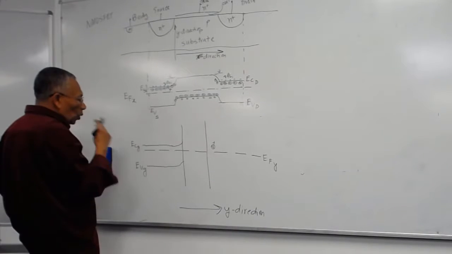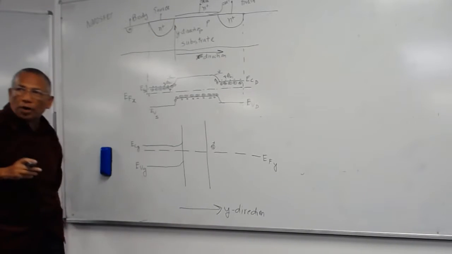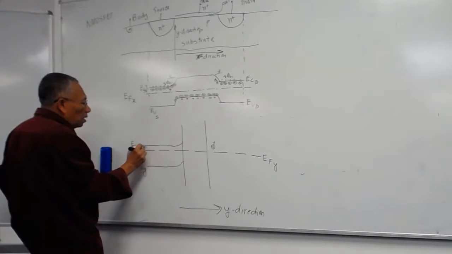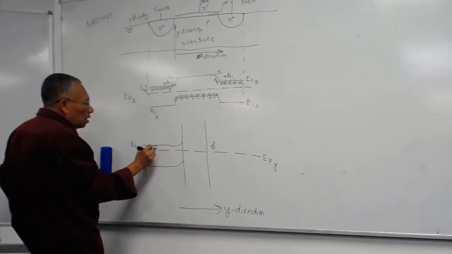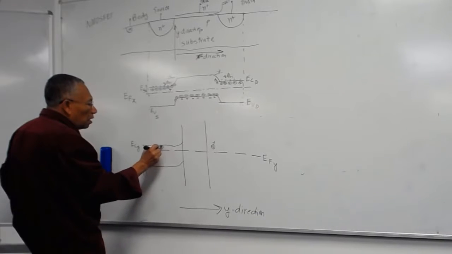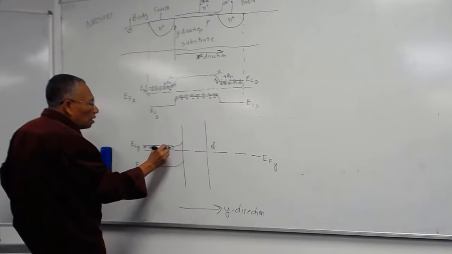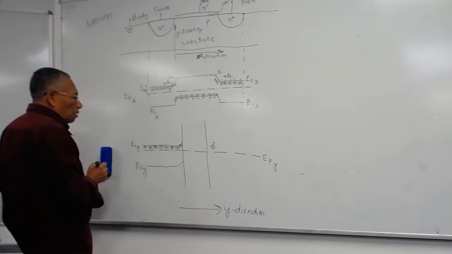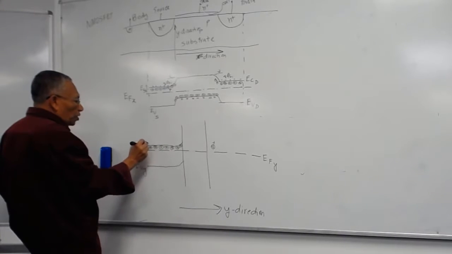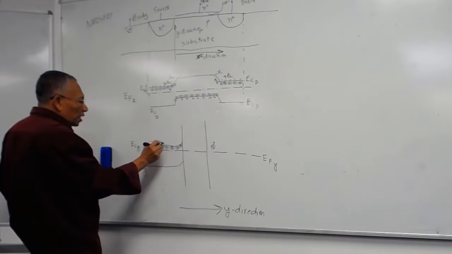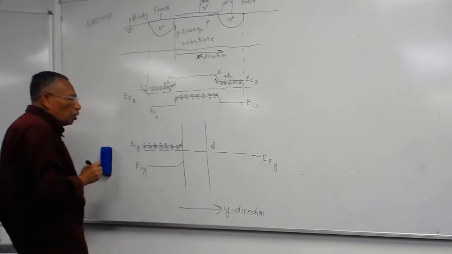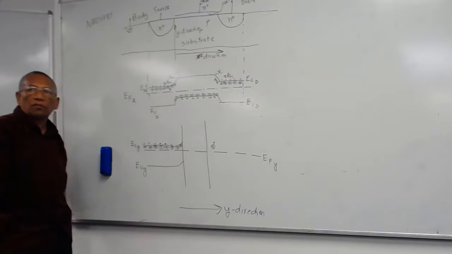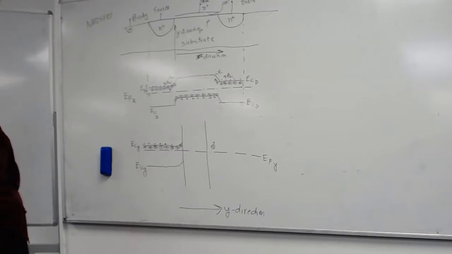In the gate, this is N-type doped. That means you have donor ions, so you can put your donor ions here. You can put your electrons here, the ones that are fully covered by the positive ions, and here of course they are not there, exactly like the p-n junction.